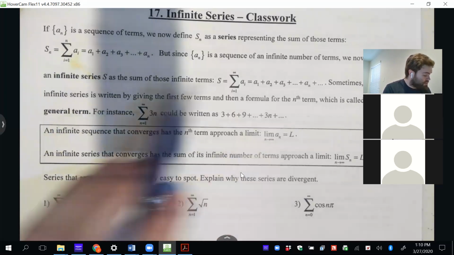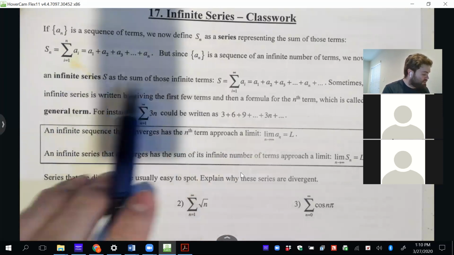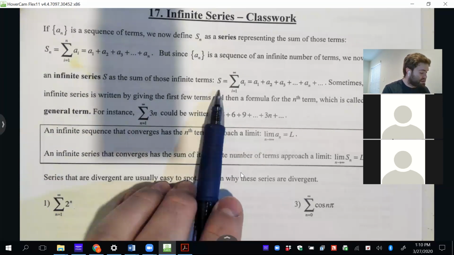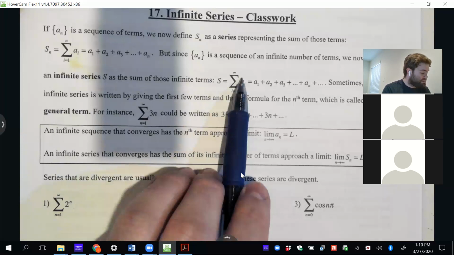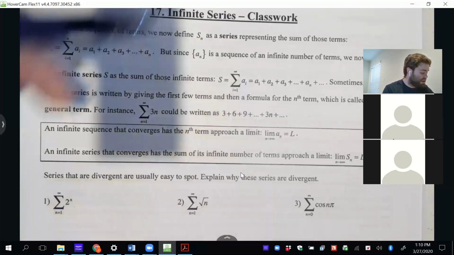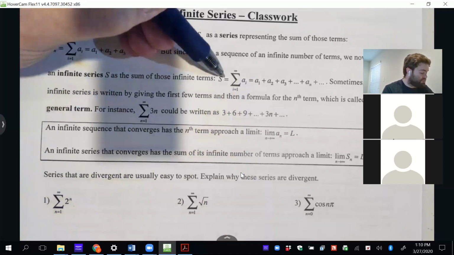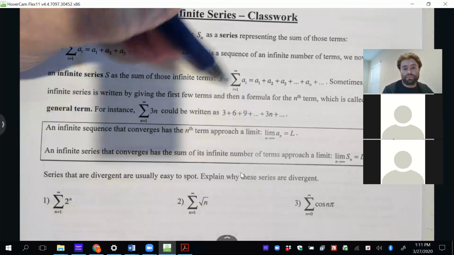An infinite series we'll call just capital S, taking n as n approaches infinity. Sometimes you will still see an n up here, but it will be the limit as n approaches infinity of that summation.